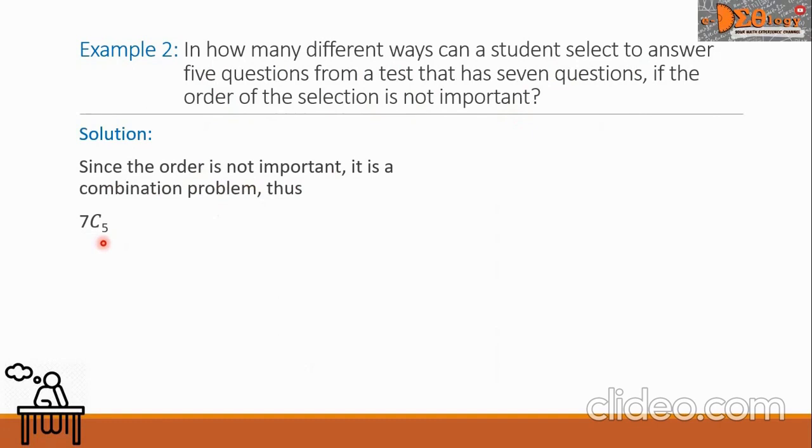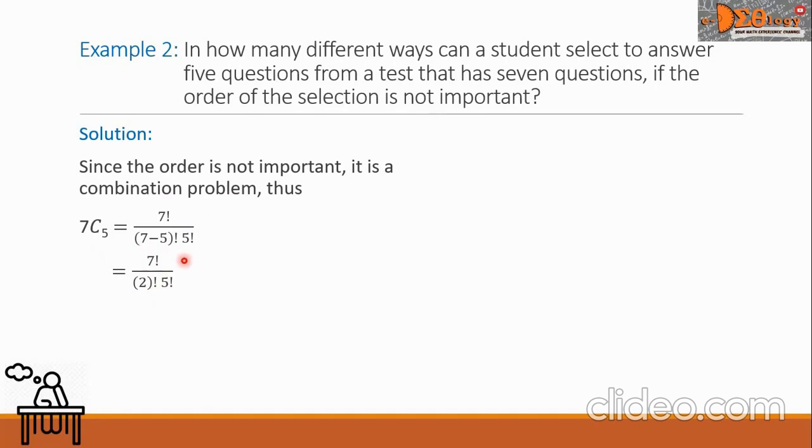Using our formula, this is now equal to 7 factorial over the denominator 7 minus 5 factorial times 5 factorial. Let us simplify the 7 minus 5. This is now 2. And let us now simplify the respective factorials.